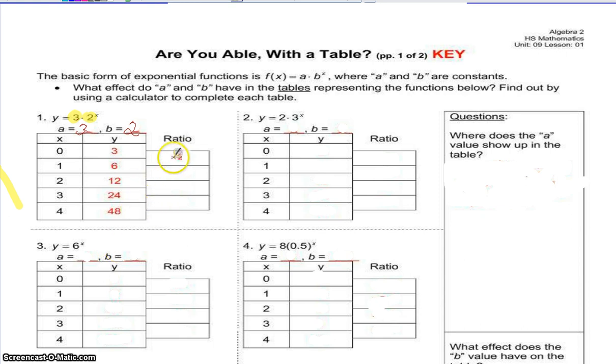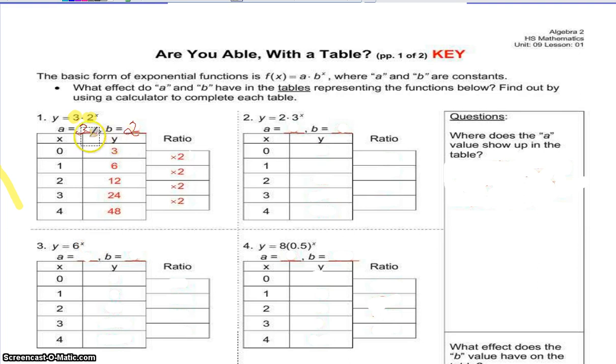So when I look at my ratios, I see that to go from 3 to 6, I have to multiply times 2. To go from 6 to 12, I have to multiply times 2, and so on and so forth. So what I see here is that I have a change in multiplying times 2 for each one of my y values.